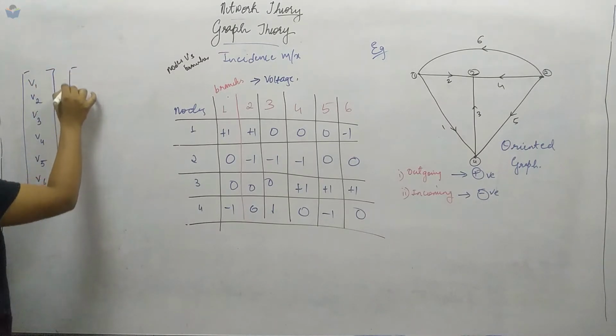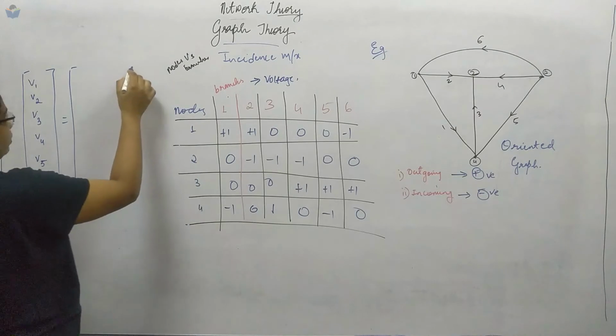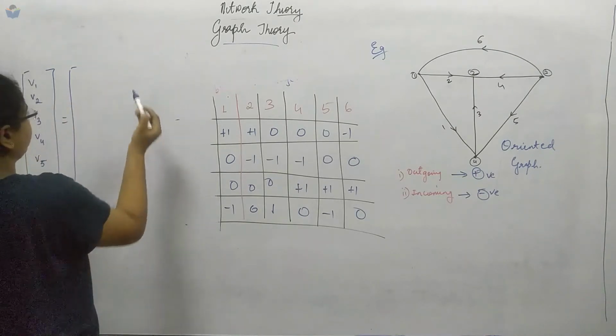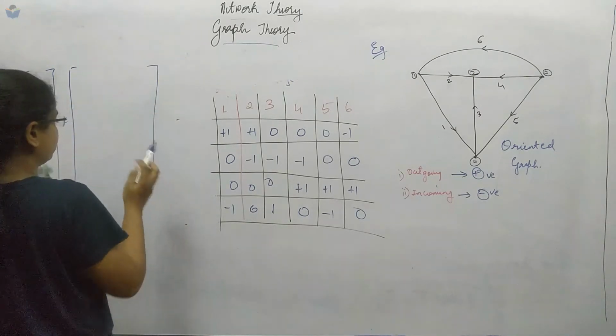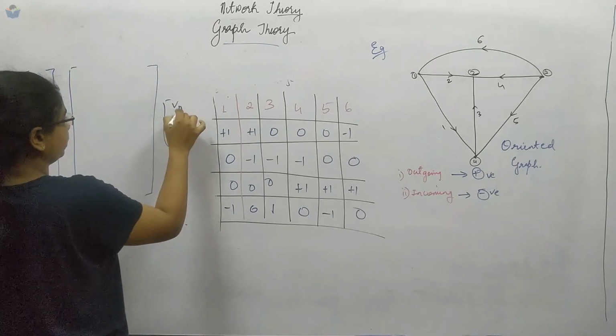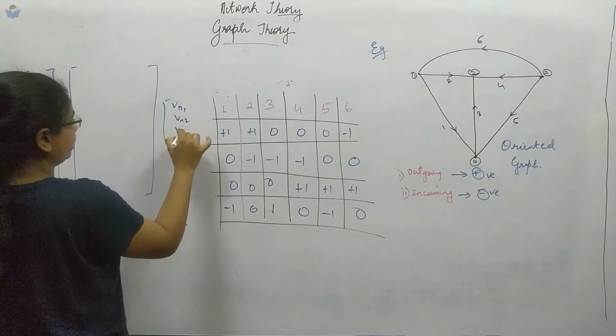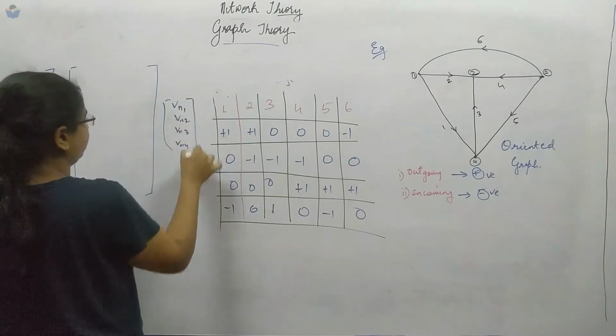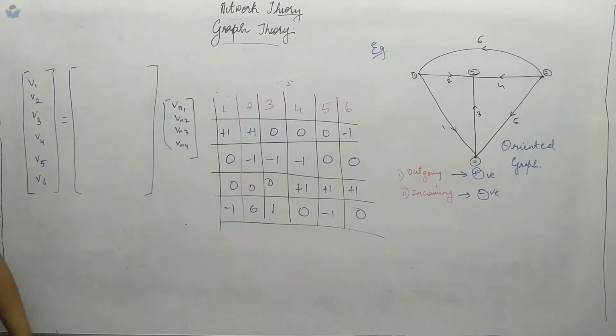This is equal to, and here we have to fill in the node voltages, Vn1, Vn2, Vn3 and Vn4.